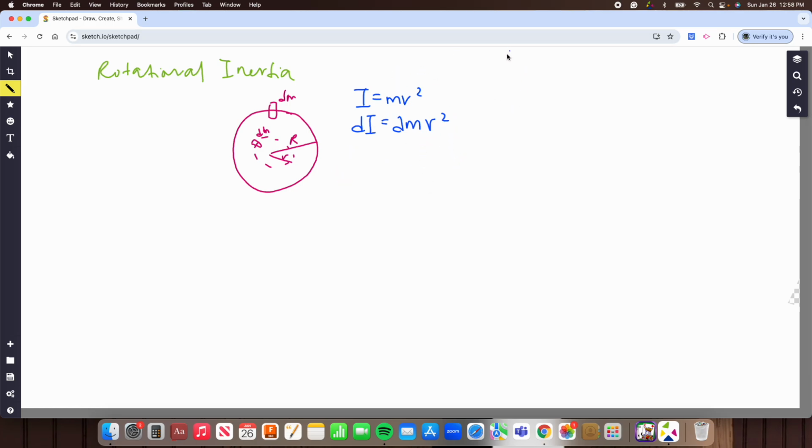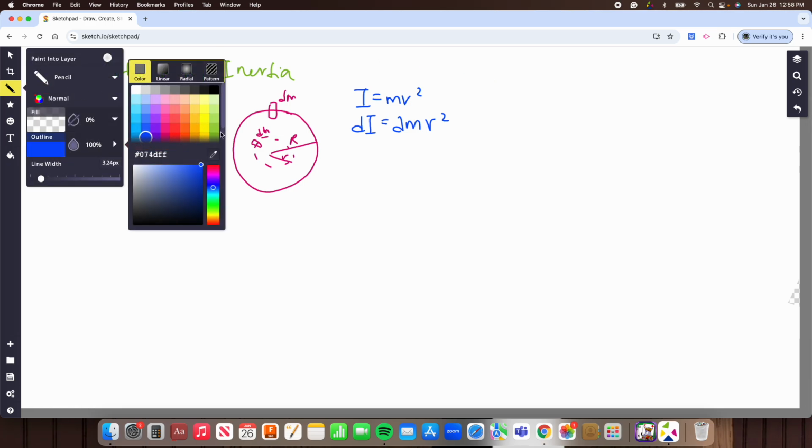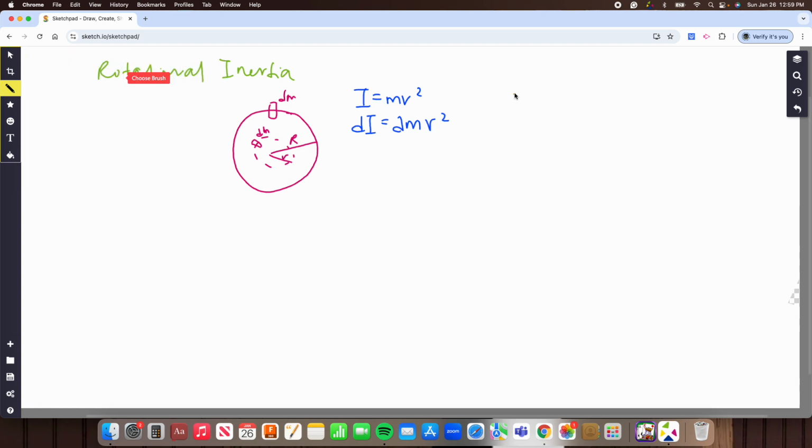So we're going to make another equation, a new variable. Suppose we write sigma. This is going to be our density. It's going to be mass over area. If you think about this, the mass is uniformly distributed throughout this entire object.